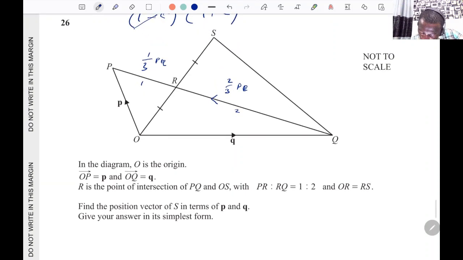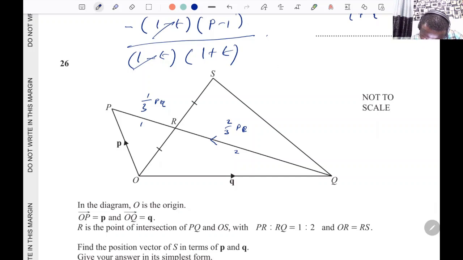So if I pick OQ as my vector to deal with first, working in triangle PQO, or OPQ, OQ will be OP plus PQ.